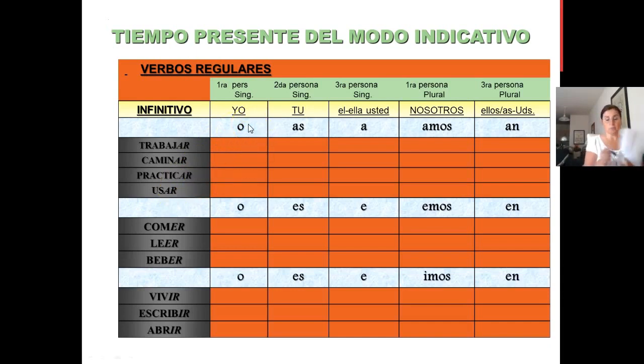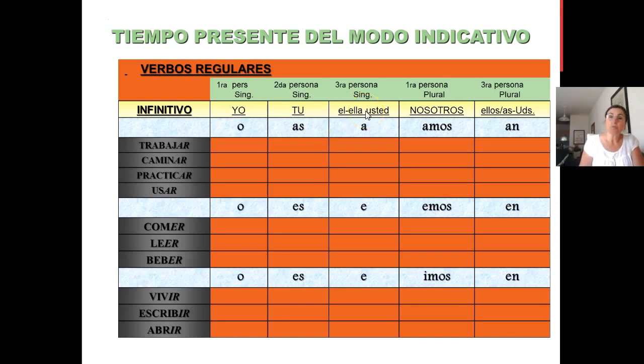So what are you going to have? Yo, when you put it together, yo uso. If you conjugate in second person, when tú, mi amigo, is in the subject, you need to replace the R with this ending. So what are you going to have? Tú usas.